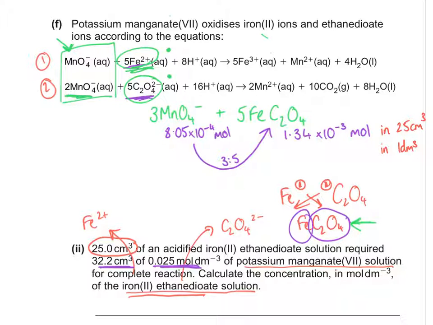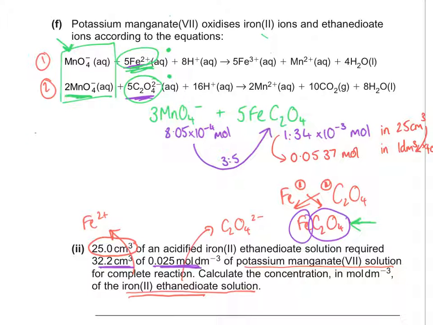To go from 25 centimetres cubed to 1 decimetre cubed, you have to multiply by 40. So I would need to multiply my number of moles by 40, which would be 0.0537 moles in 1 decimetre cubed. So your concentration would be 0.0537 moles per decimetre cubed.